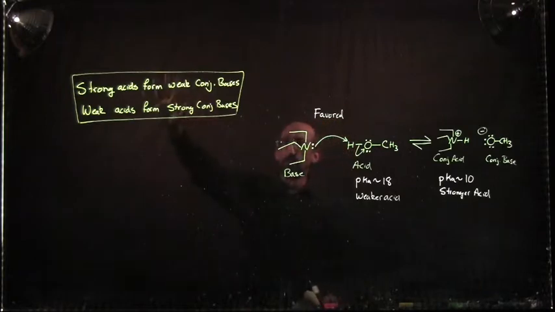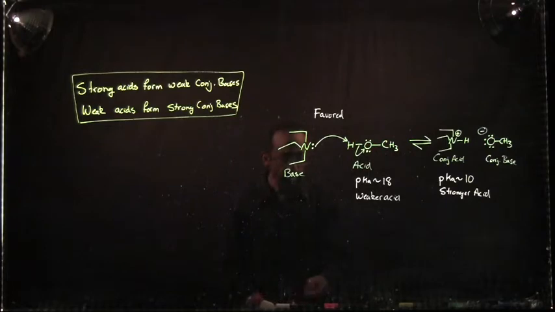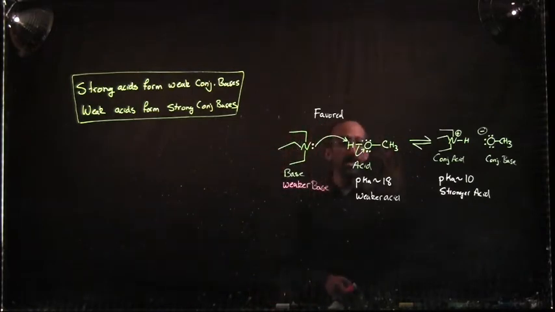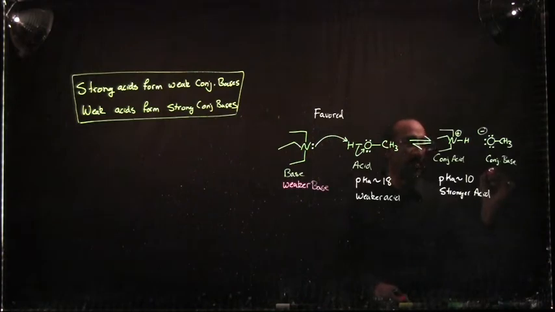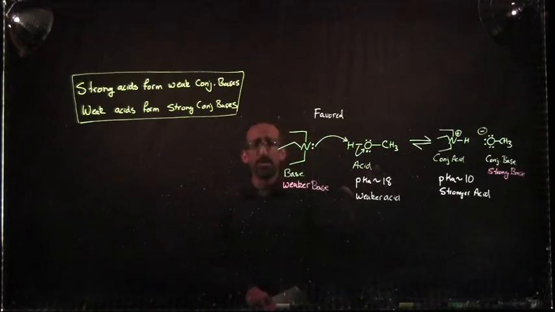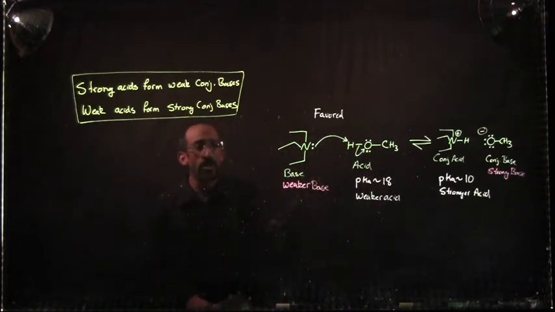And if we use our rules that we have up here, we'll see that means, by definition, that the conjugate base of my strong acid is going to be the weaker base, and my conjugate base from my weaker acid is going to be my strong base. And so this is how we evaluate acid-base equilibria to determine what is likely to occur.